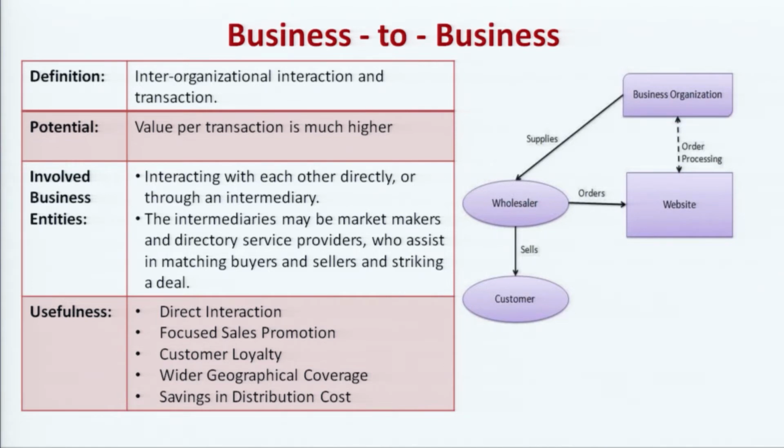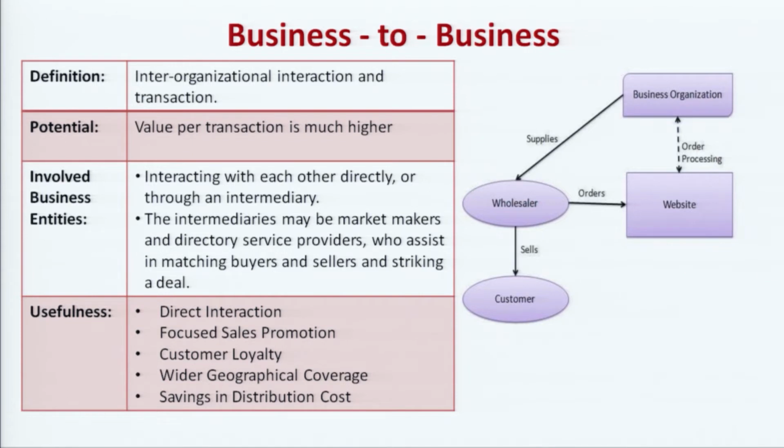So, the definition is that the business to business model is an inter-organizational interaction or transaction, and this model is of very great relevance because the value per transaction is very high.